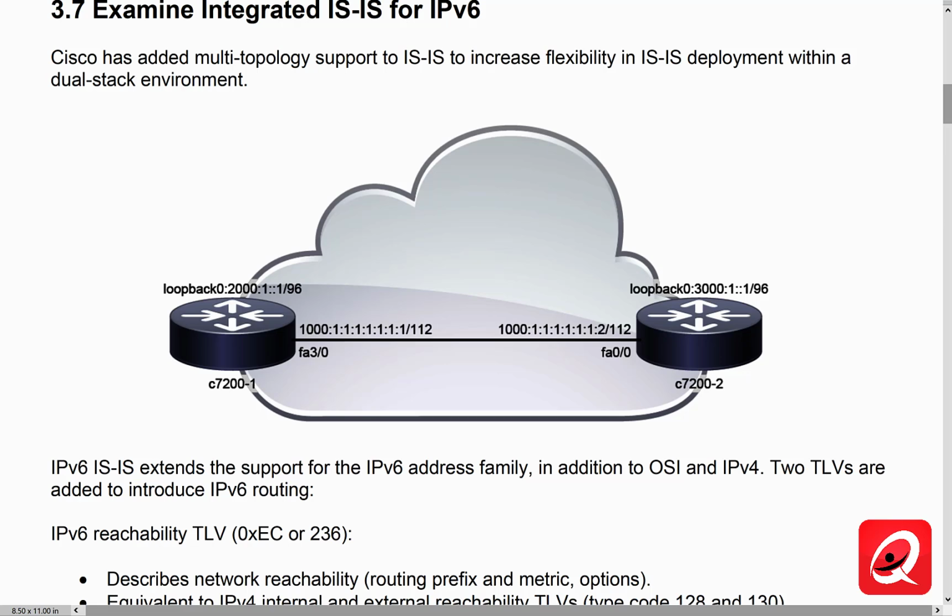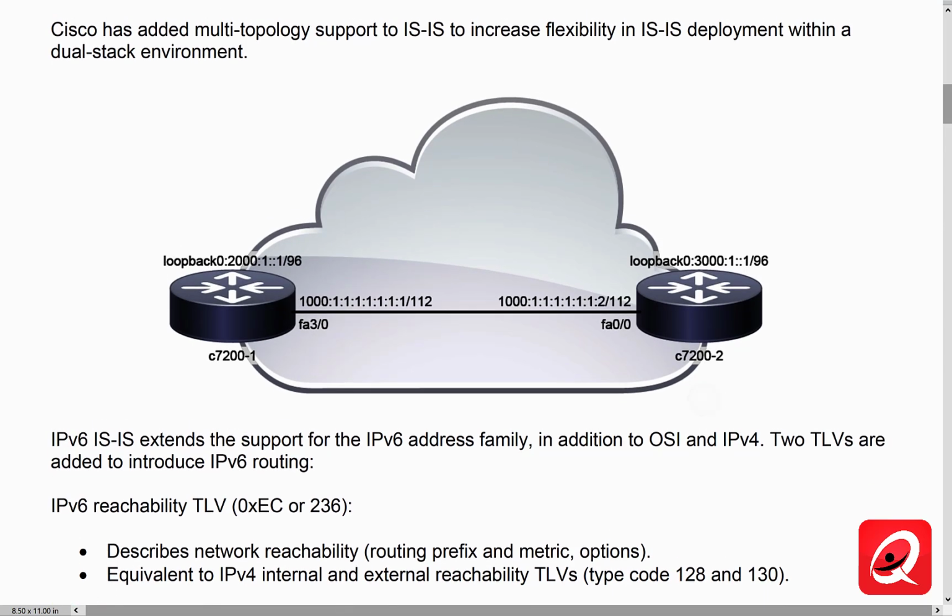In addition to the OSI and IPv4, there are actually 2 different TLVs that are introduced in IPv6, listed here. The IPv6 reachability TLV, or hex EC, or 236. Hex EC happens to convert to 236 decimal. This reachability TLV describes the network reachability.